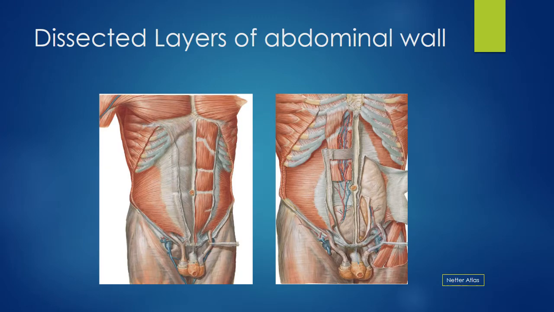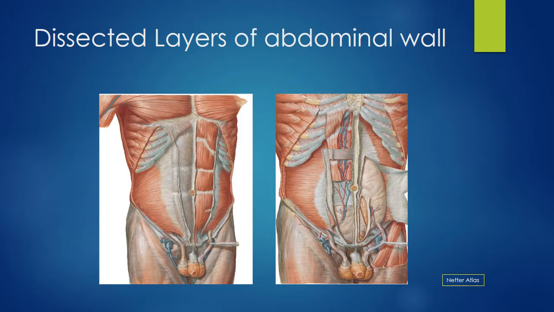This is a dissection of the anterior abdominal wall. Several layers are opened out. One can see that the external oblique has been removed here. You have the rectus muscle, the linea alba coming there, and the arcuate line or the linea semilunaris is very well seen here, inferior to the umbilicus.